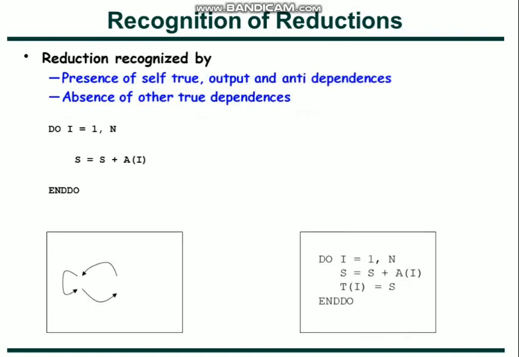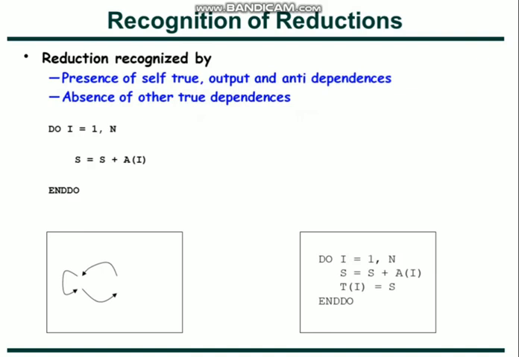Whenever a program is given, the first thing is we have to see whether we can apply loop reduction or not. It is very simple to find this out. We first have to see that in that loop there should be a presence of self true, output and anti dependence.